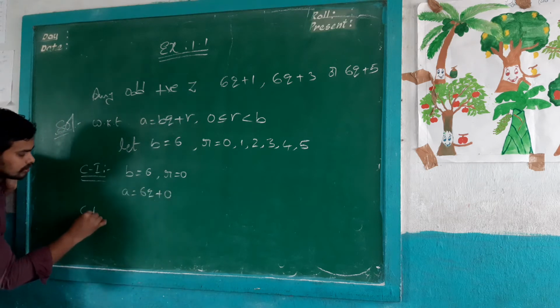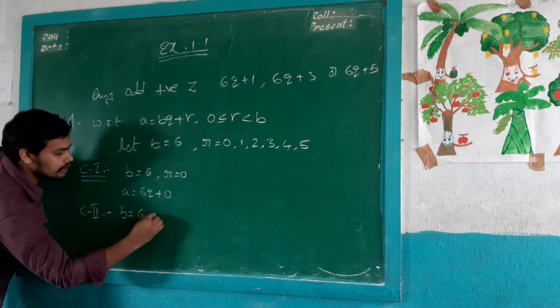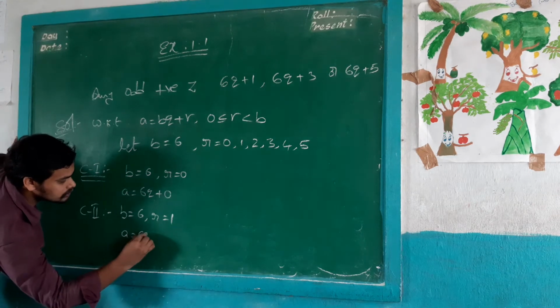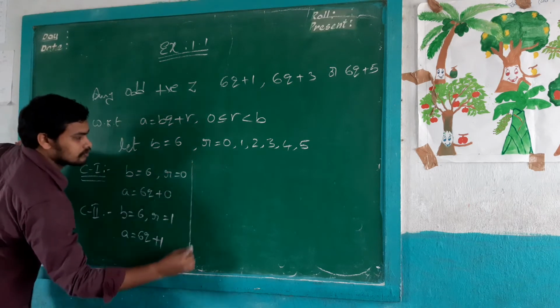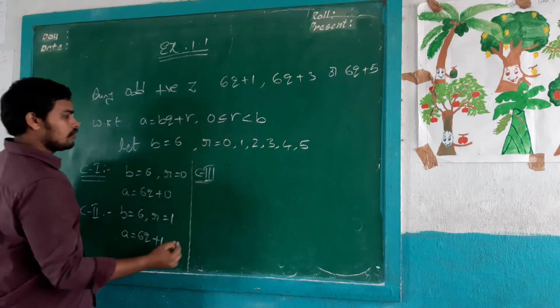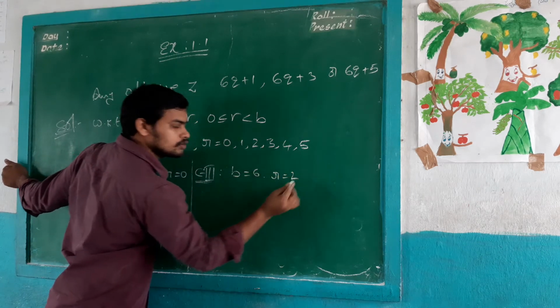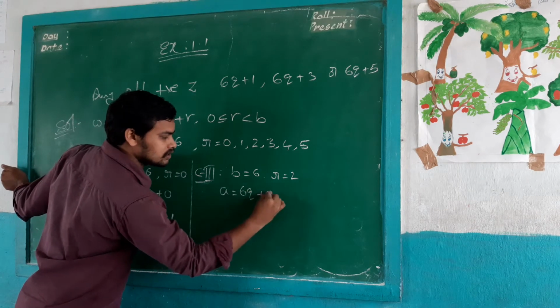Next, case 2: B equal to 6, R equal to 1, A equal to 6q plus 1. Next, case 3: B equal to 6, R equal to 2, A equal to 6q plus 2.